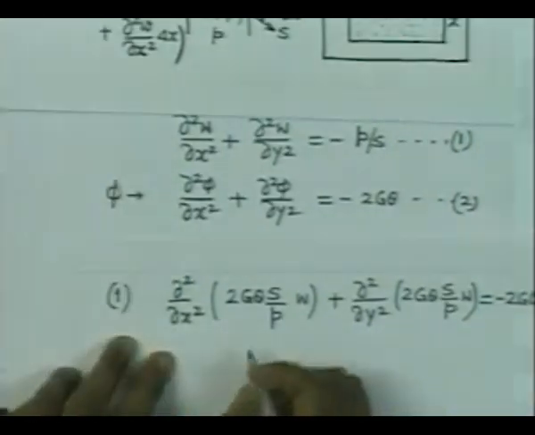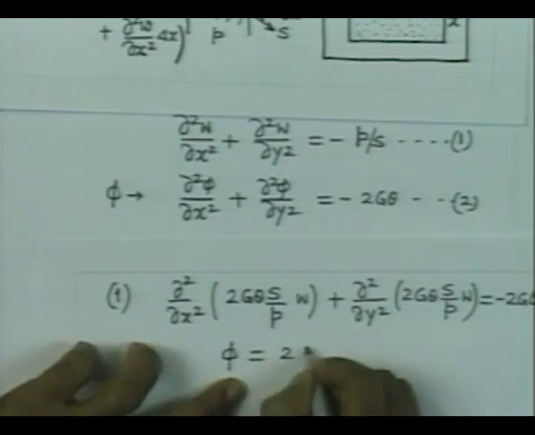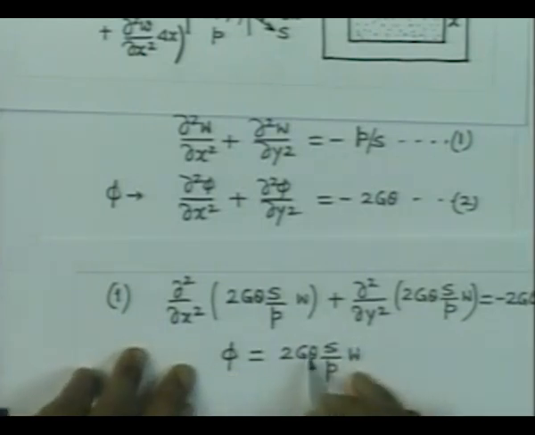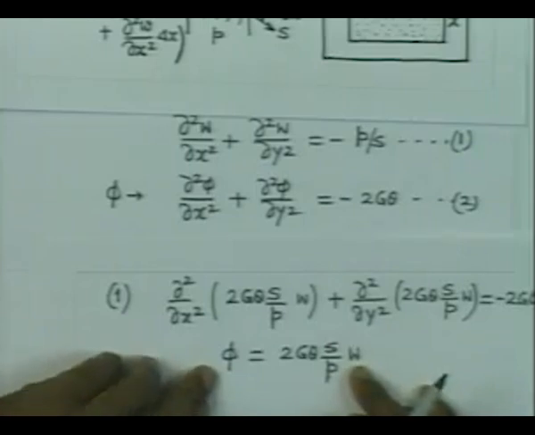So, herein what it means is that phi is equal to twice g theta s by p W. Herein all are constant: g is a constant, theta is also a constant, s is a constant, p is a constant. So, therefore, this phi is linearly related to W.